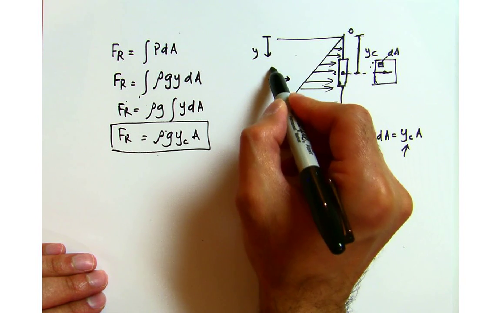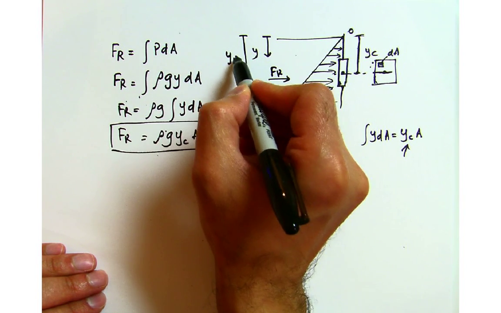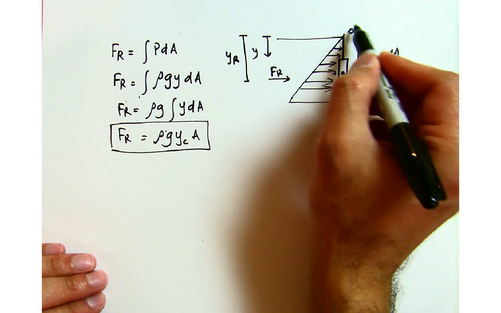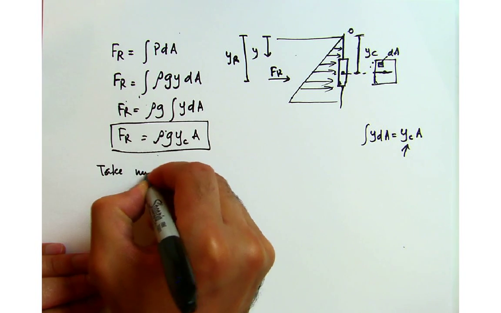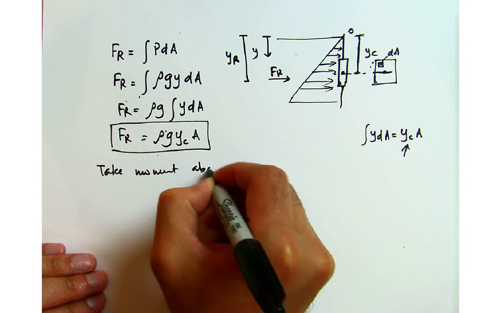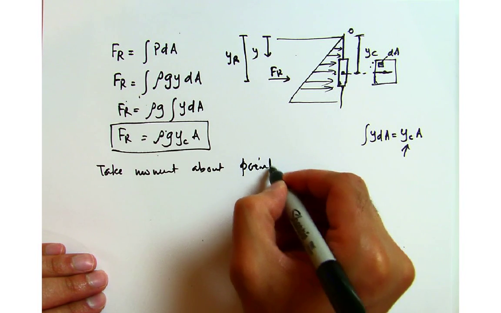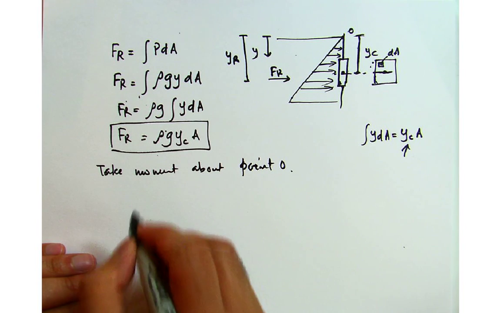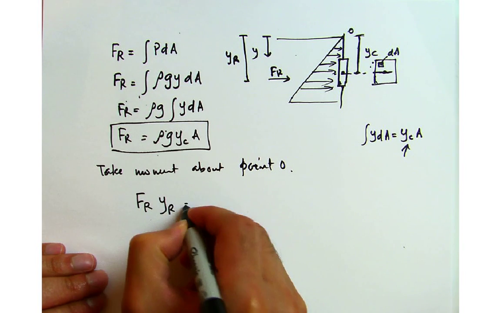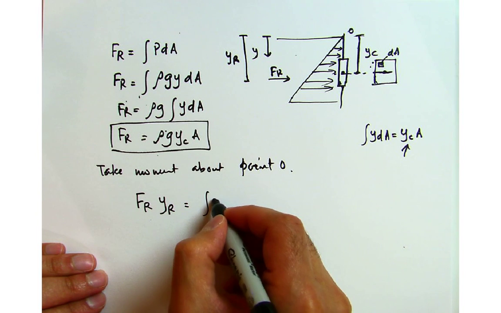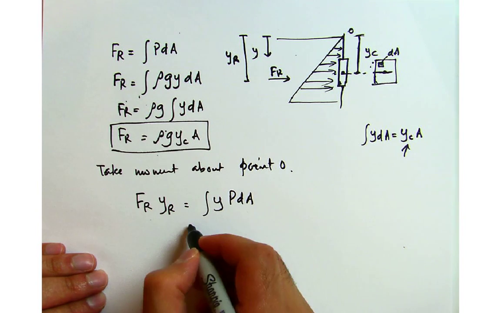I have to find where this resultant force is acting, and I'm calling that distance y_R. In order to find y_R, we have to take the moment about point O. When I take the moment about point O, F_R y_R is equal to the integral of y p dA, as we did earlier.